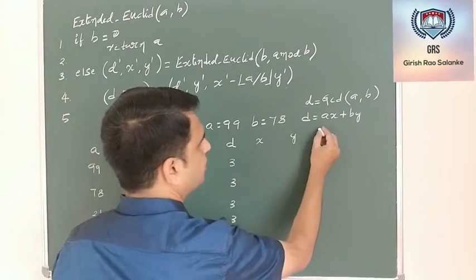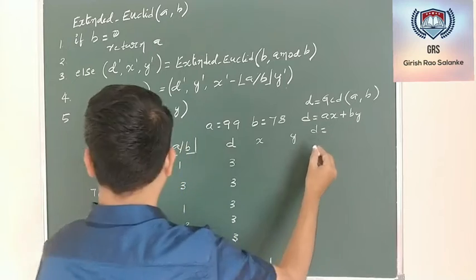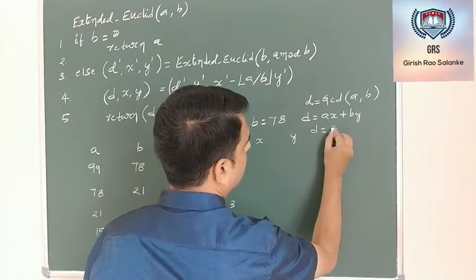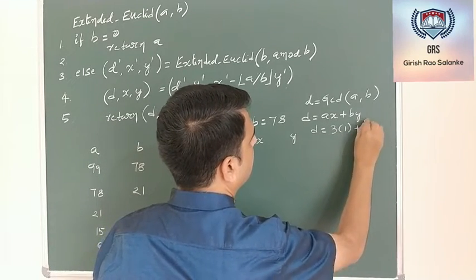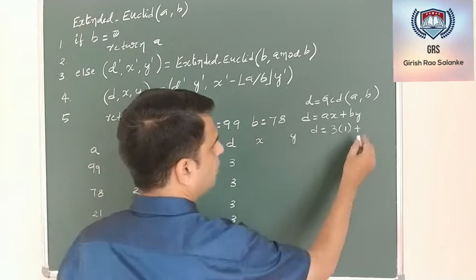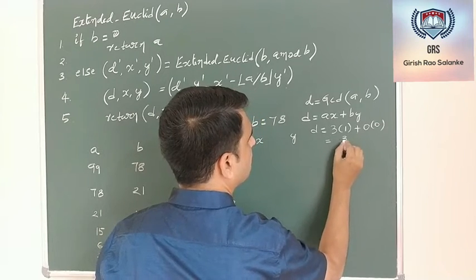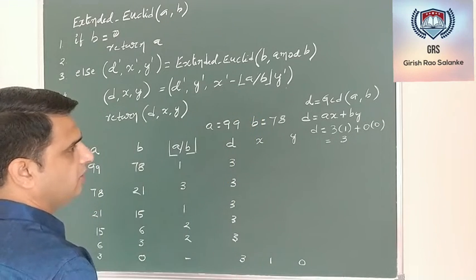So d is equal to a, which in this last iteration is 3, into 1, plus b, which is 0, into 0. So this is 3 into 1 plus 0, which is 3. So I got my d value as 3.